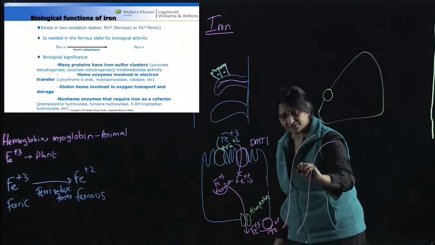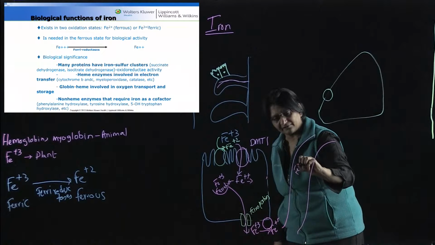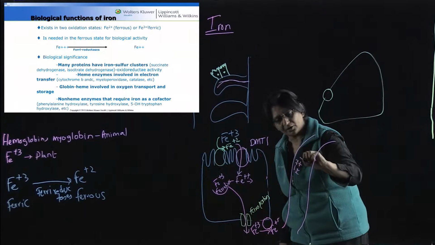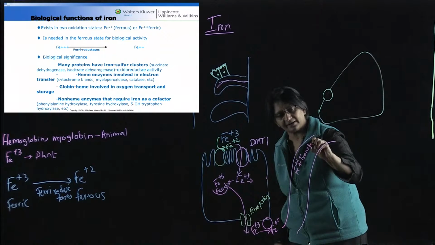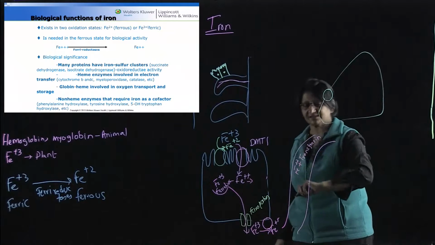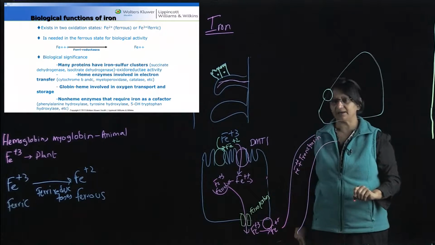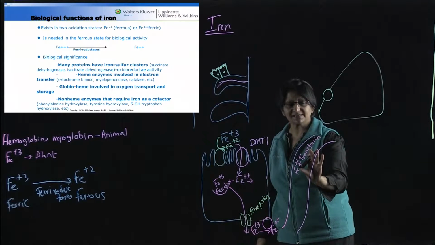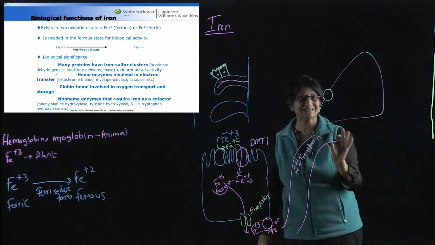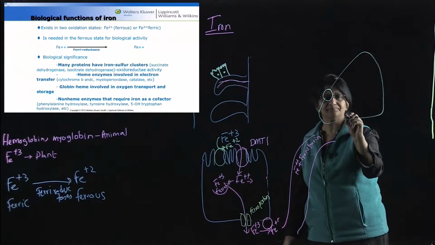And once it's in the circulation, Fe+2 is bound to transferrin. That's how it circulates in the plasma.